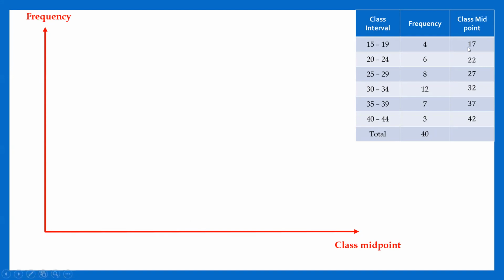The midpoints start at 12, 17, 22, 27, 32, 37, 42. Also, we can mark the class frequencies: 0, 2, 4, 6, 8, 10, and 12.